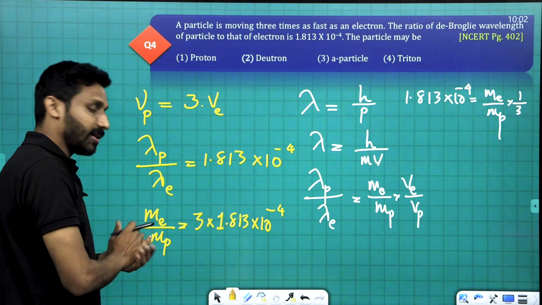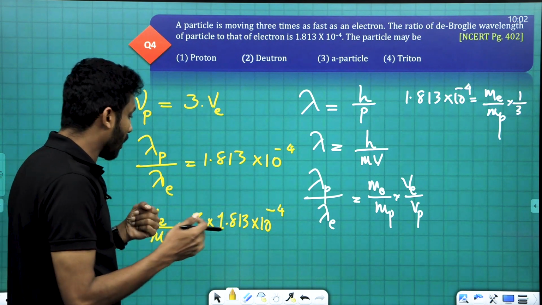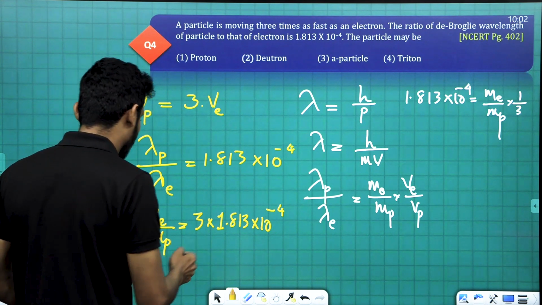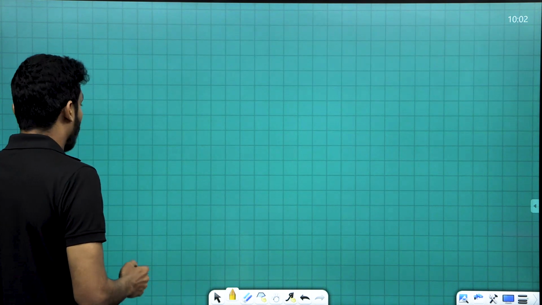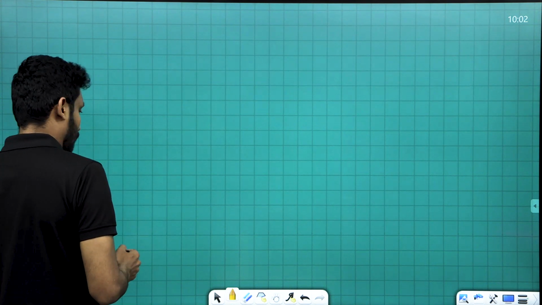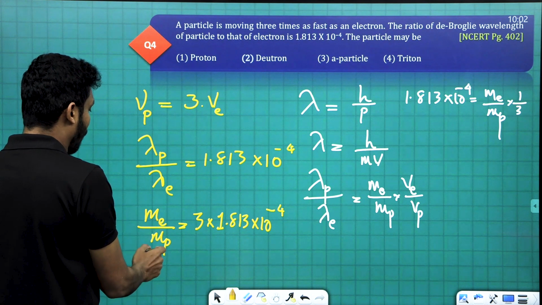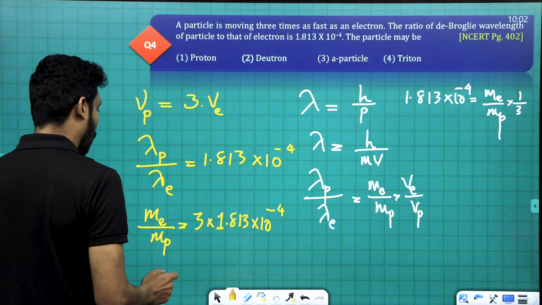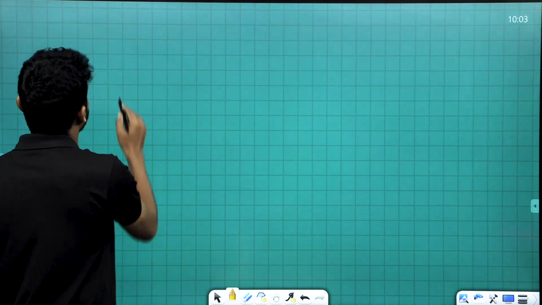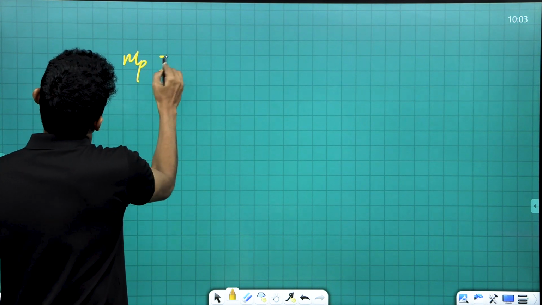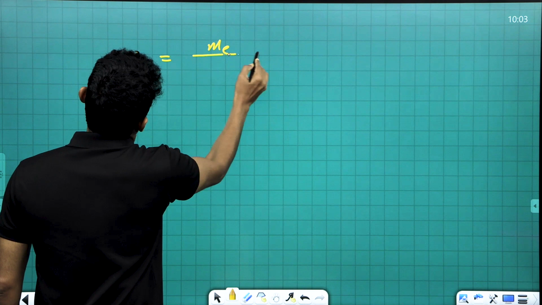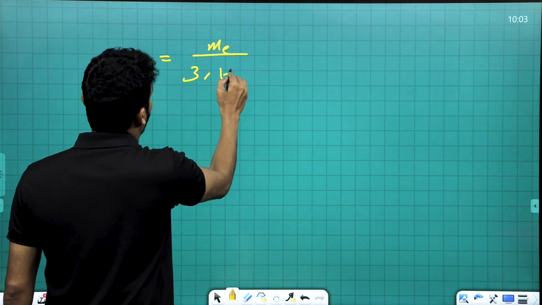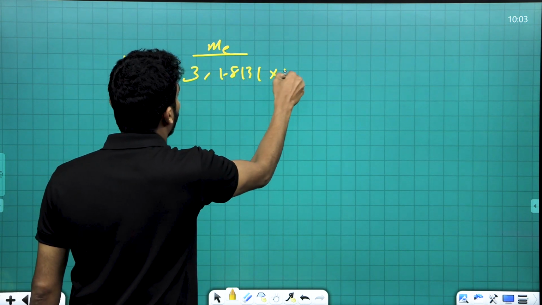So mp is equal to me divided by 3 into 1.813 into 10 raised to minus 4.